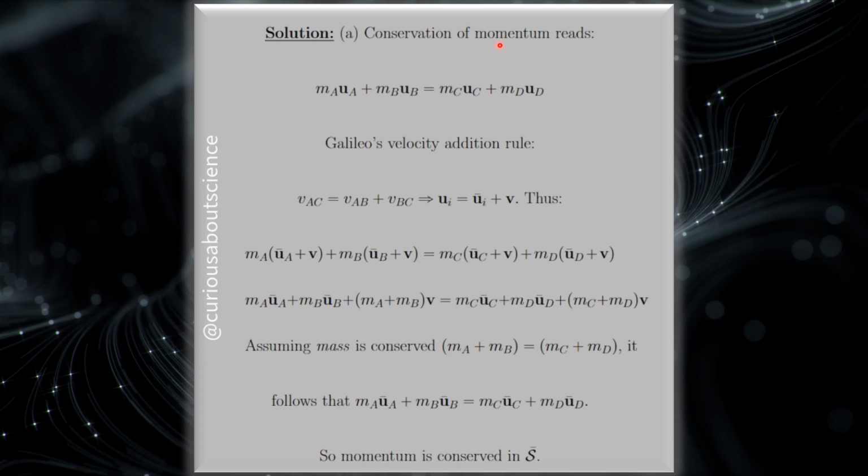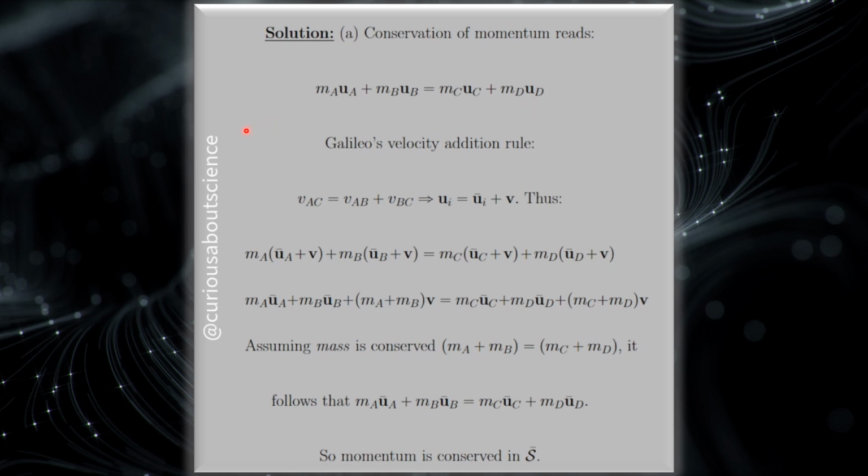So conservation of momentum reads m_A u_A plus m_B u_B equals m_C u_C plus m_D u_D. Again, before and after the collision. Because some of A rubs off onto B, the masses are changing, so that's where we get m_C and m_D.